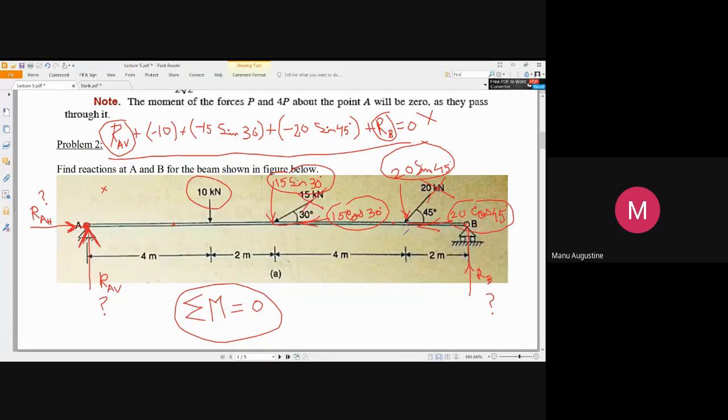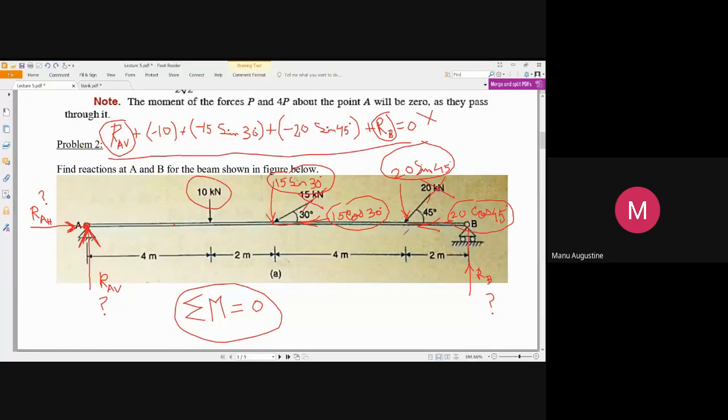It does not even necessarily have to be a point on the system, on the reactions, or on the beam itself. This point can be taken anywhere. But the thing is, you have to intelligently select the point. Otherwise, you will again end up with a situation where there is only one equation and the number of unknowns are more. Okay?